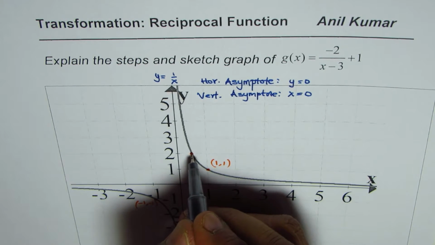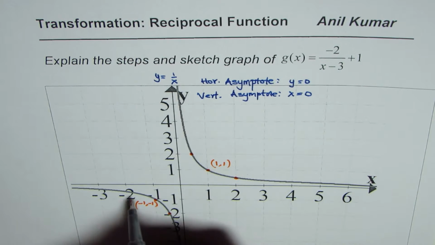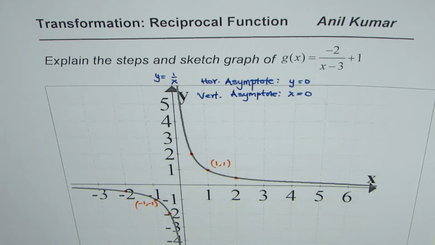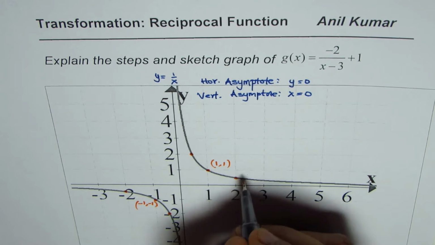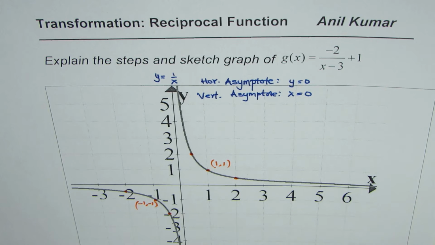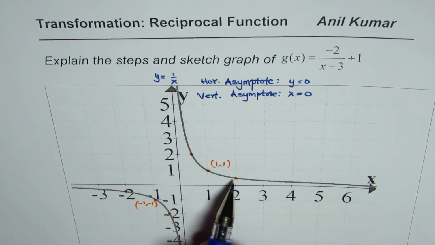And then we normally take these points, so that gives us 6 different points. Here we have 2, and the reciprocal is half. Let me write down these key points here.